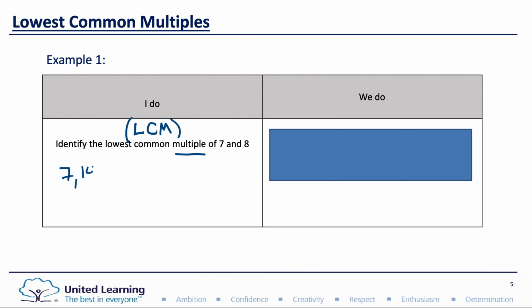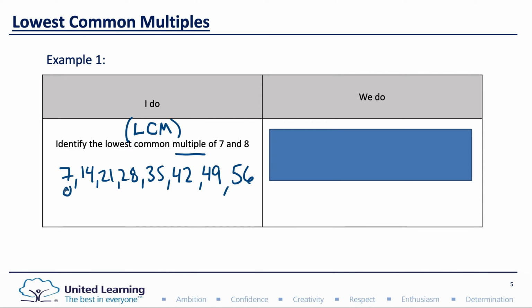So 7, 14, 21, 28, 35, 42, 49. 1, 2, 3, 4, 5, 6, 7. I guess we'll go to 8 since 8's there, right? And 8 times 7 is 56.